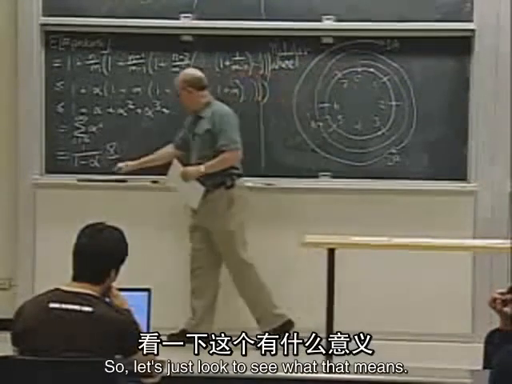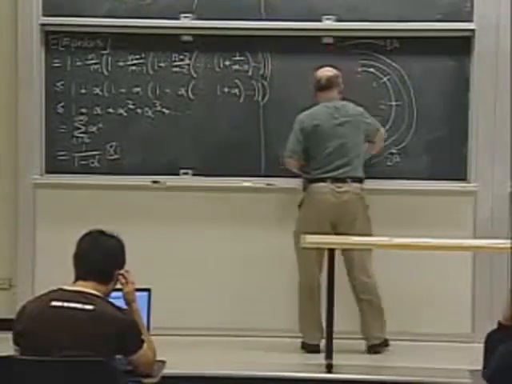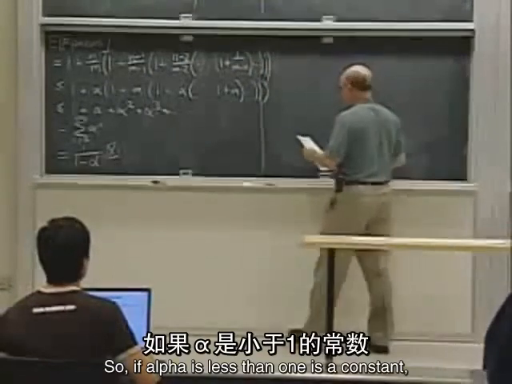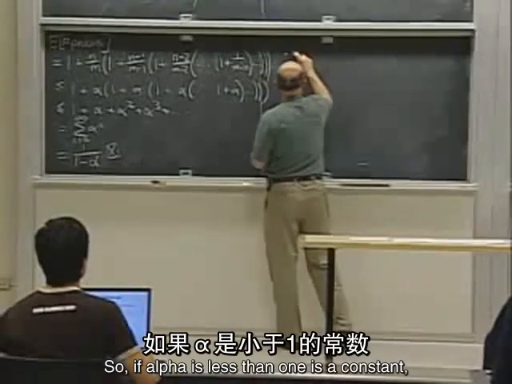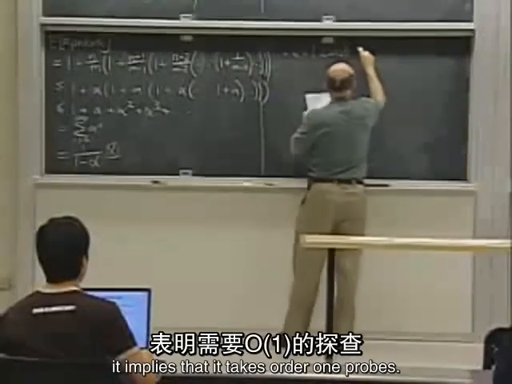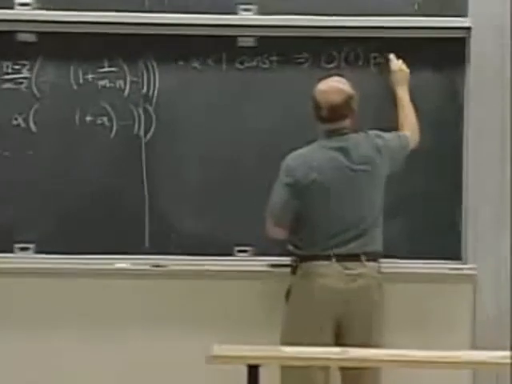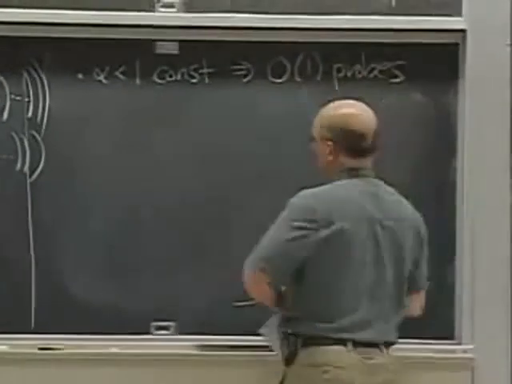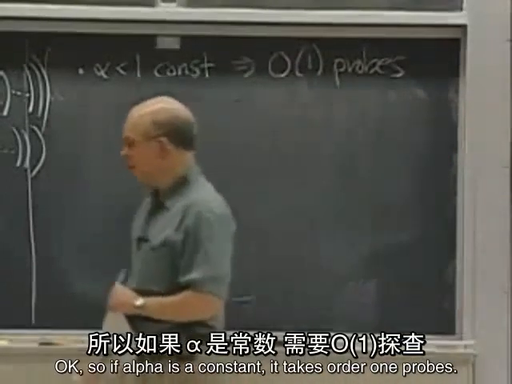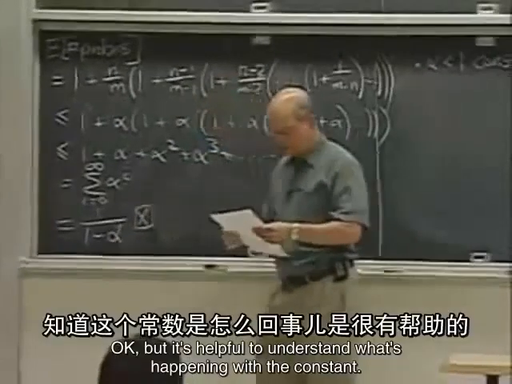So let's just look to see what that means. If alpha is less than 1 and is a constant, it implies that it takes order 1 probes. Okay? So if alpha is a constant, it takes order 1 probes.